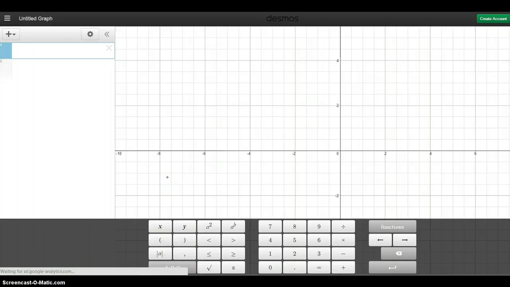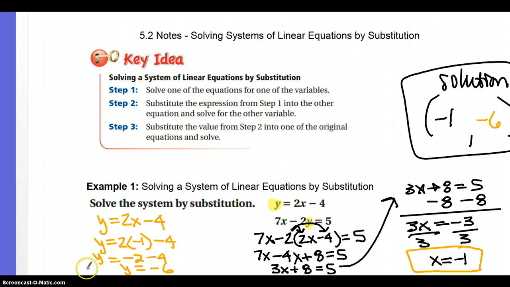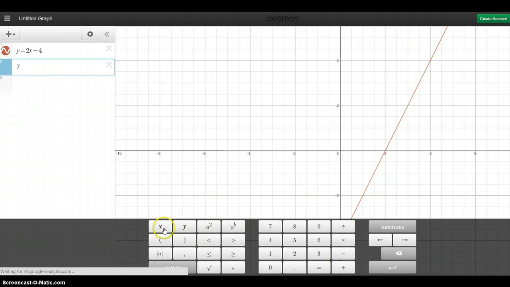Oh, I guess I'm recording. I wanted to prove to you that using the Desmos Online Graphing Calculator, if you were to graph these two lines, you should get the same solution set. So my first equation was y equals 2x minus 4, and my second equation was 7x minus 2y equals 5.